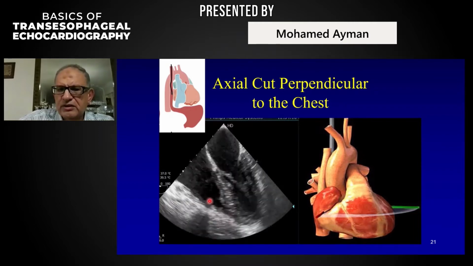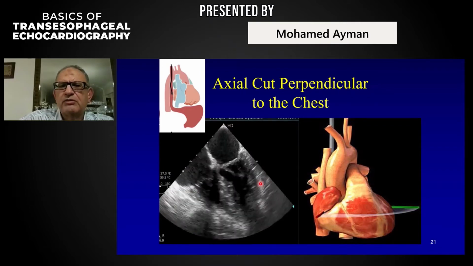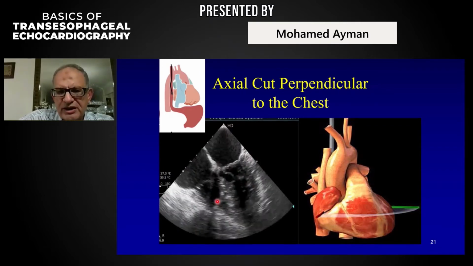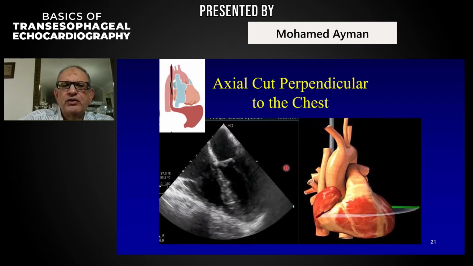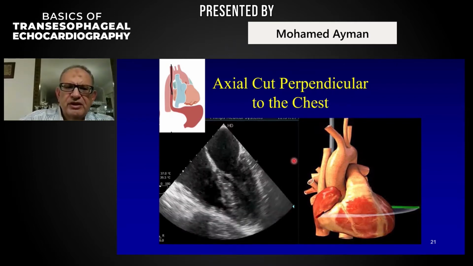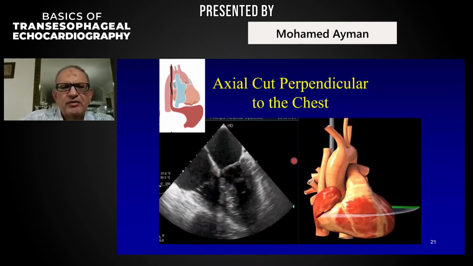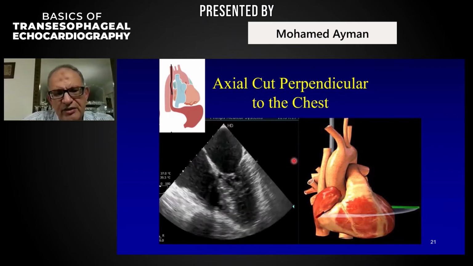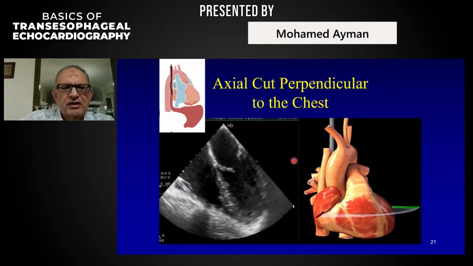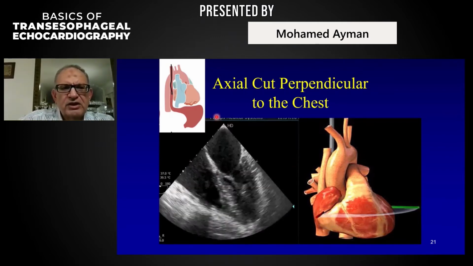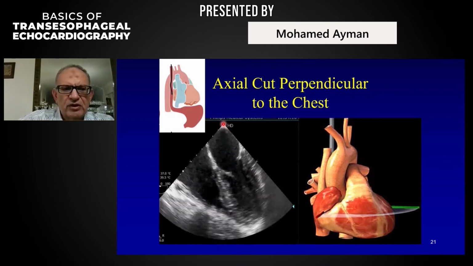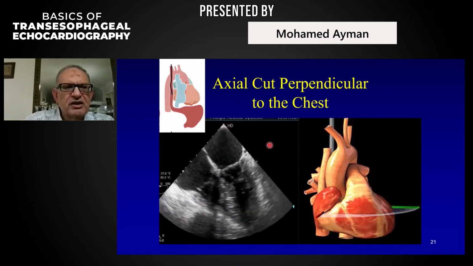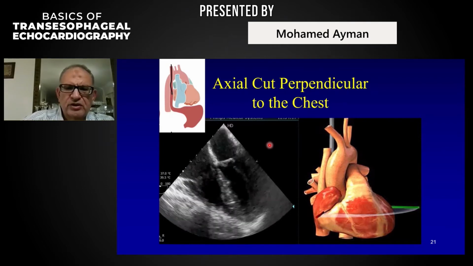We call it the mid-esophageal four-chamber view because you are seeing the four chambers in this view. It's like the apical four-chamber view you see in the transthoracic echo. But here, what is closest is the atrium, not the apex of the heart as you used to see in the transthoracic echo.